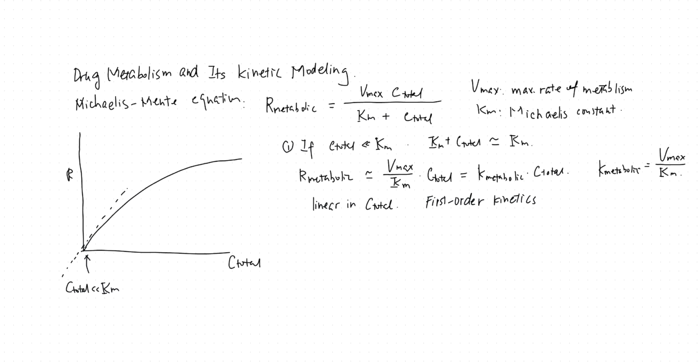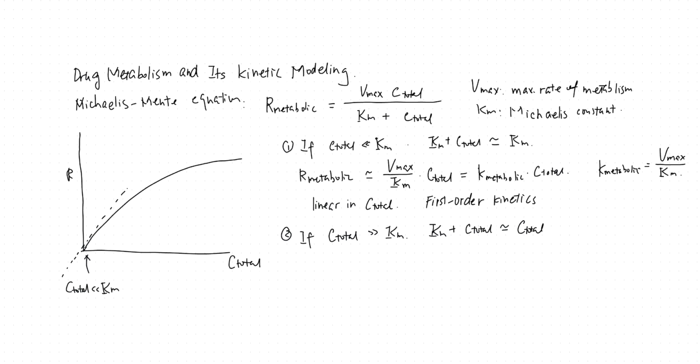And on the other hand, if C total is much larger than Km, then we have Km plus C total is approximately the same as C total.